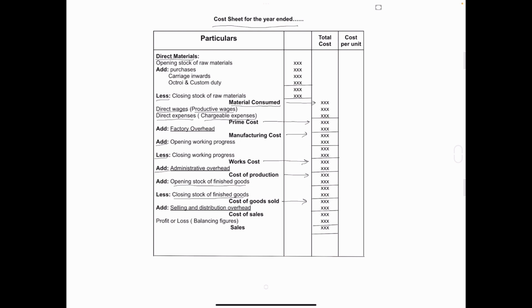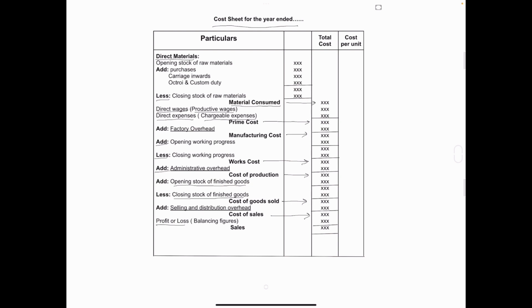In that add selling and distribution overhead, charges or the overhead relating to selling of products. For example, salesman's salary, commission to salesman, free gifts, samples, advertisement, bad debts, all these expenses are recorded under this head, and the amount which we'll get, that is called cost of sales.